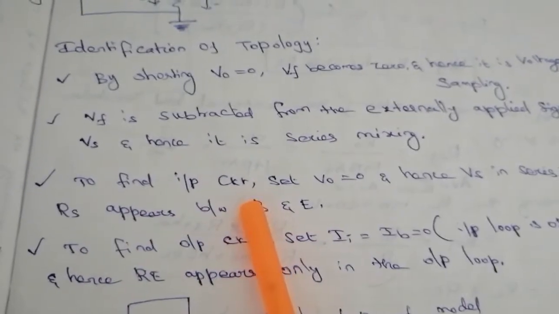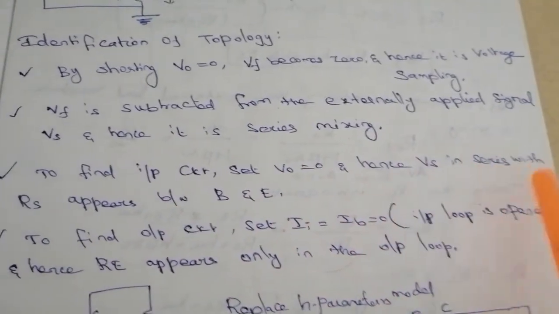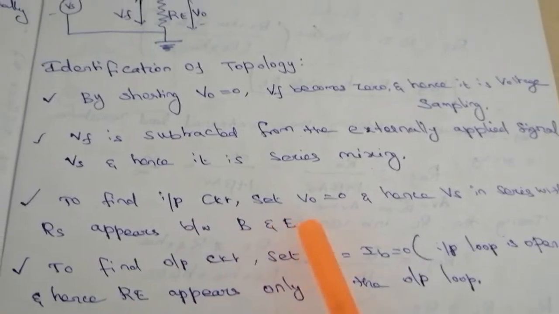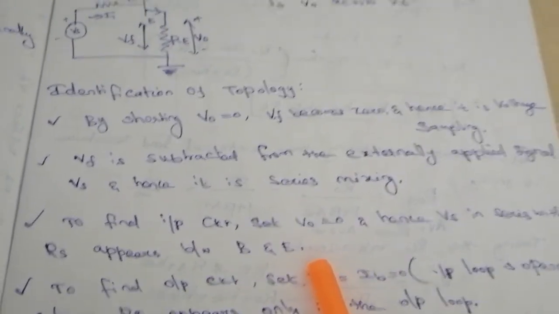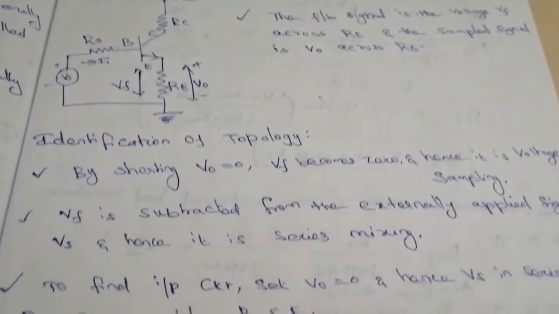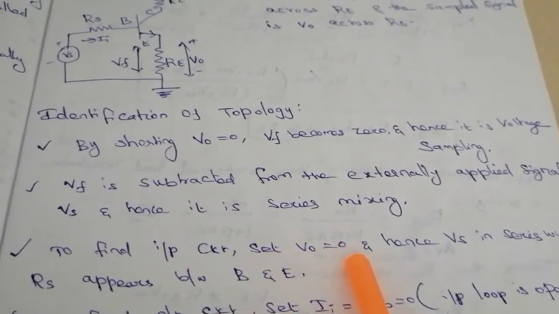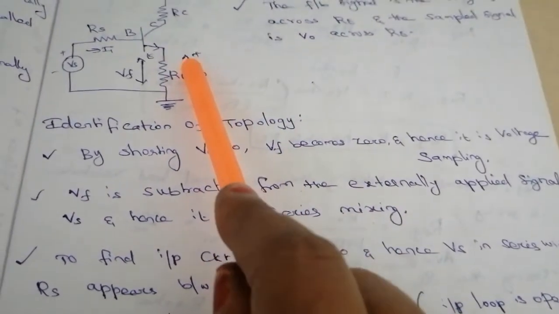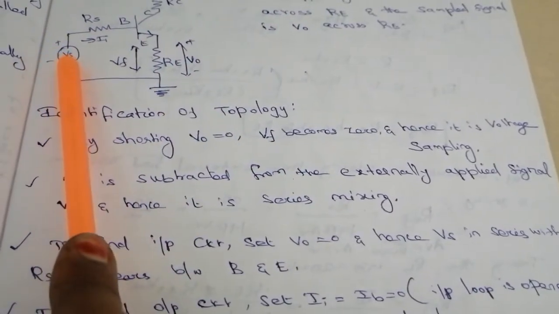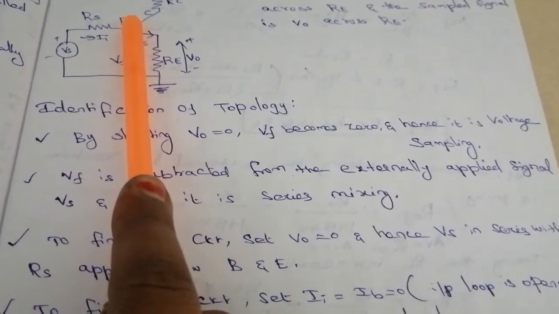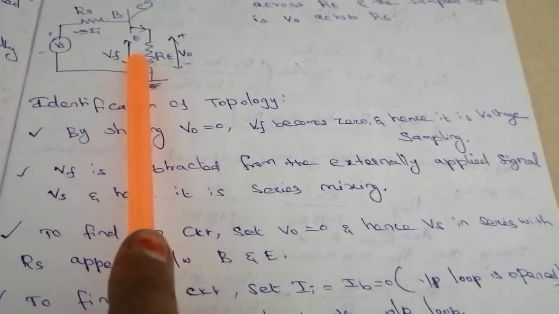To find the input circuit, set V naught equal to 0, hence Vs in series with Rs appears between base and emitter. So if we want to draw the input circuit, we have to set V naught equal to 0. Then Vs in series with Rs appears between base and emitter, right?